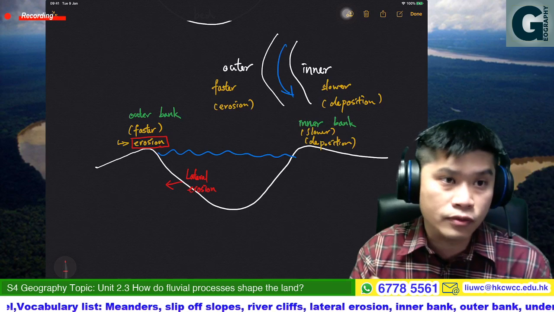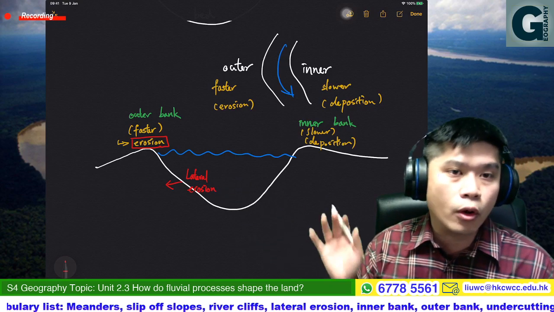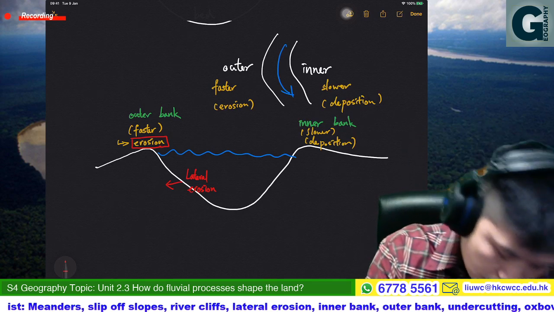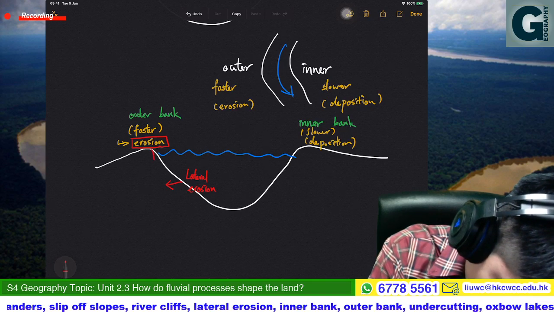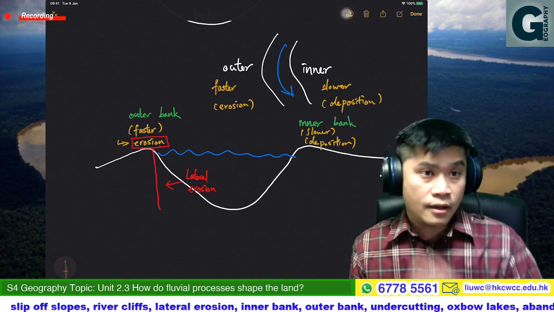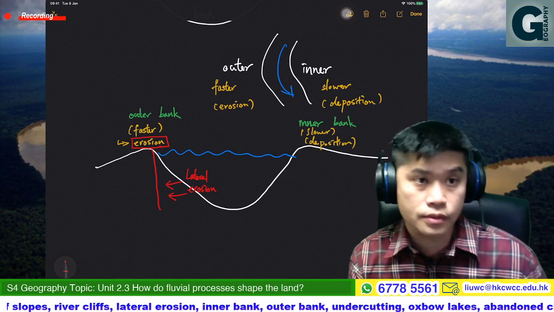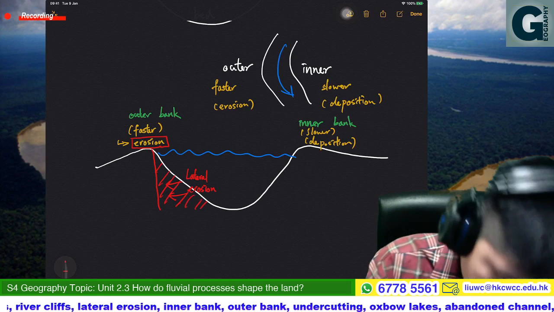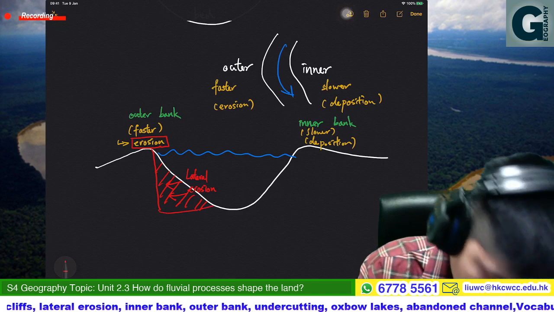It is because on this side the water will flow faster, so therefore erosion will be taking place. So the shape of the river may move outward, as this part will be eroded away. There will be erosion.